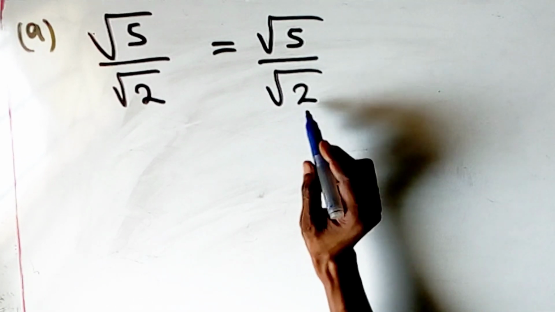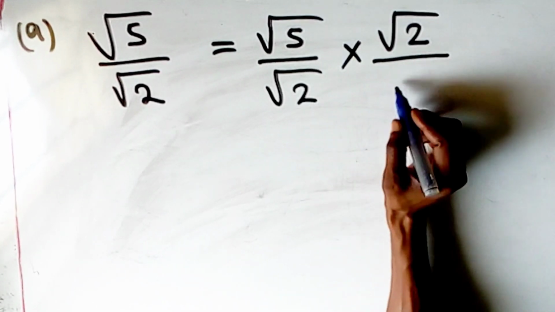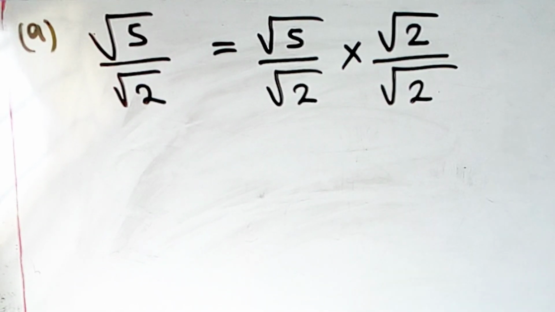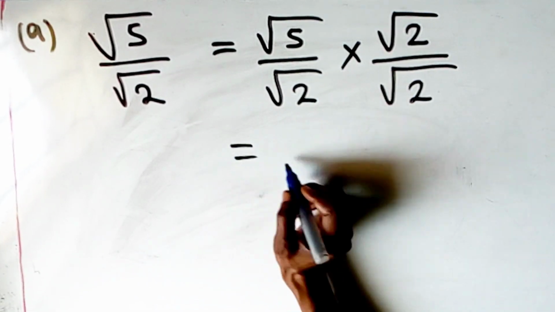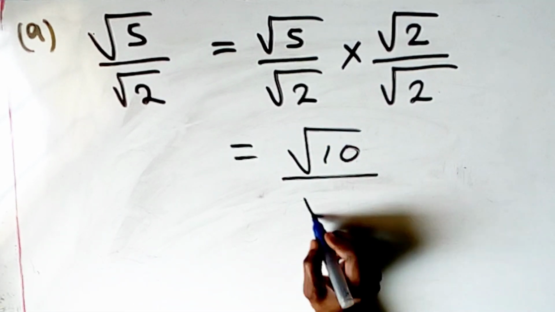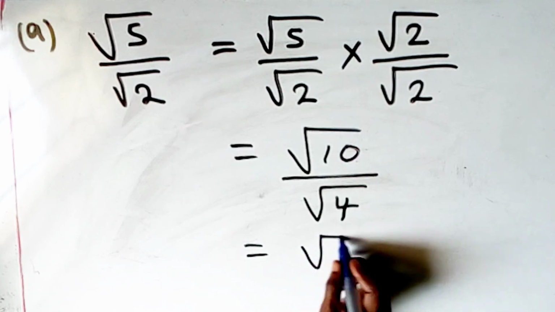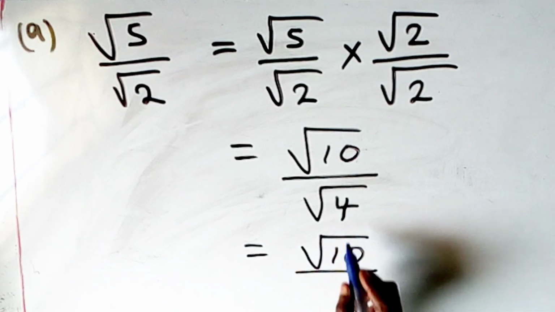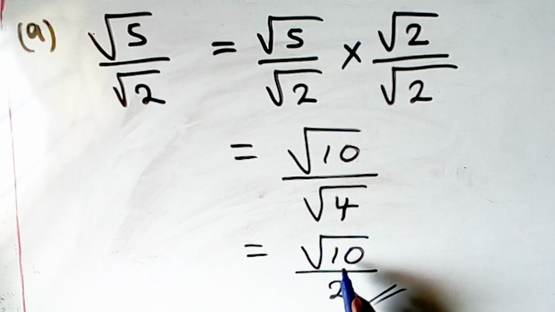So then we're going to rationalize by using root 2 to multiply the numerator and the denominator. Please take note. When we did that, root 5 times root 2, that gave us root 10. Then root 2 times root 2, that gave us root 4. And of course, you know, root 4 has a perfect square, which is 2. So our final answer is root 10 over 2.